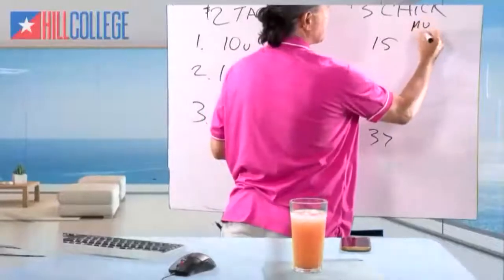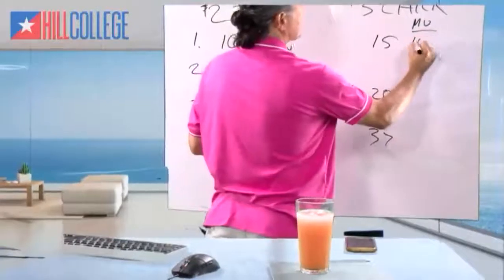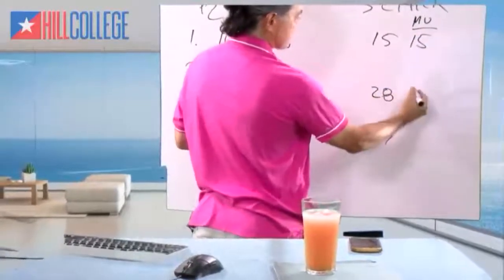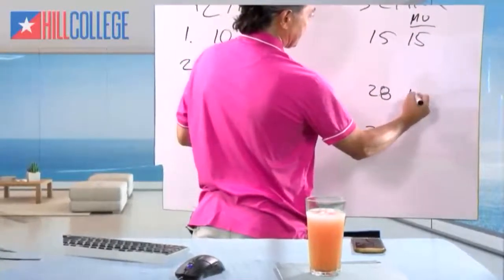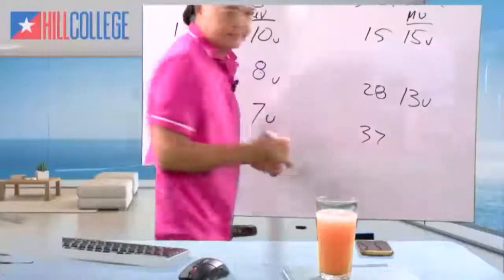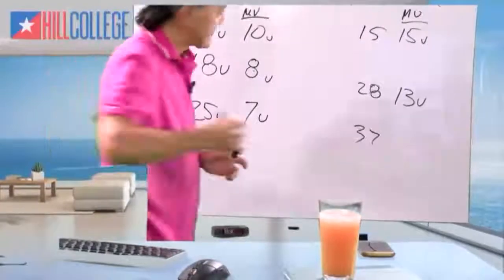So the MU marginal is 15, and then 13, and then 9.